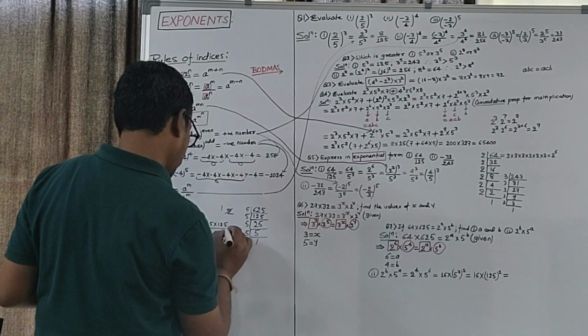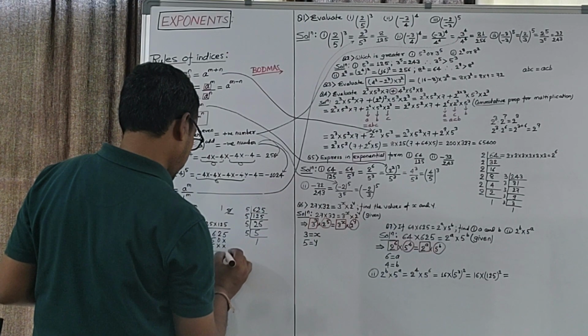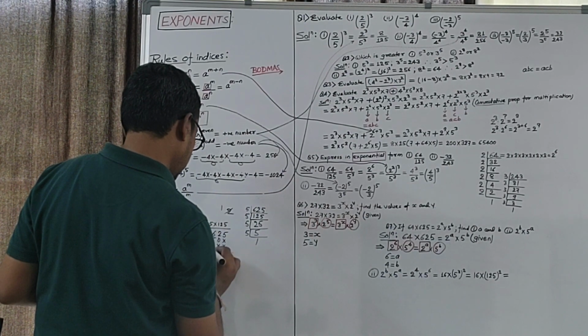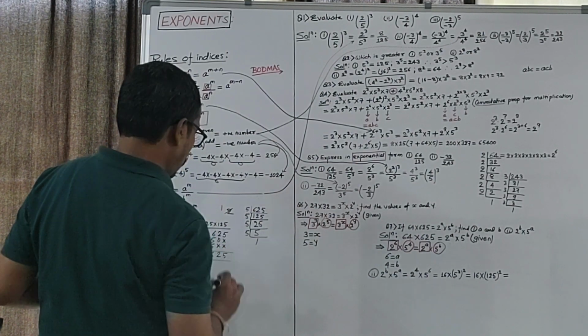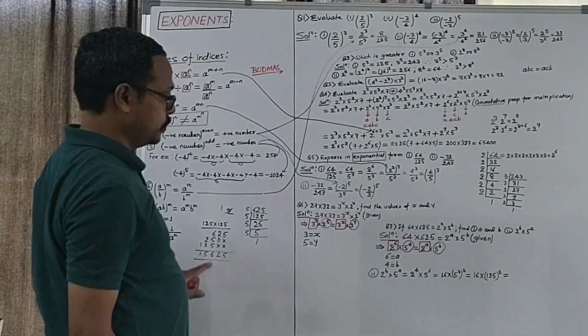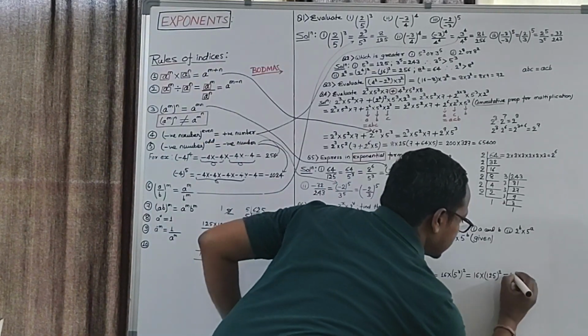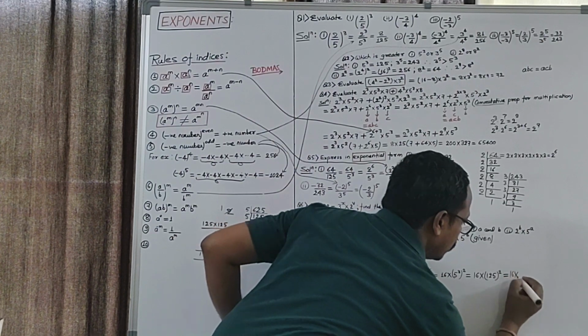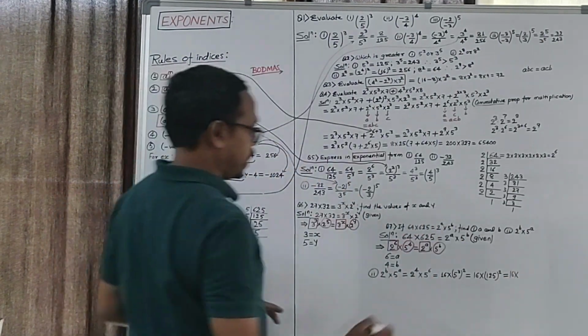Now you go and add 5, 2, 6, 5, and 1: 15625. It is 15625. So you will write 16 into 15625.